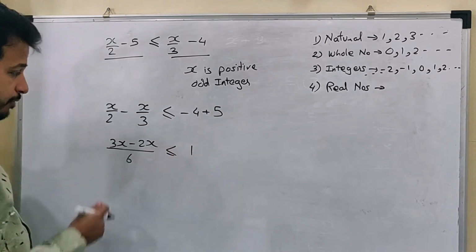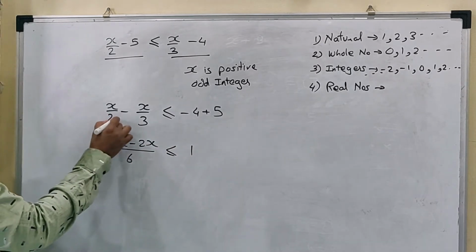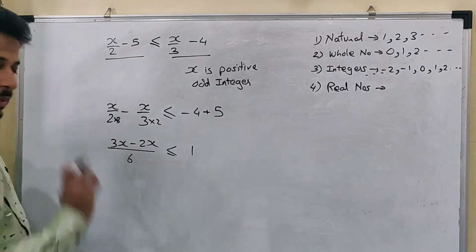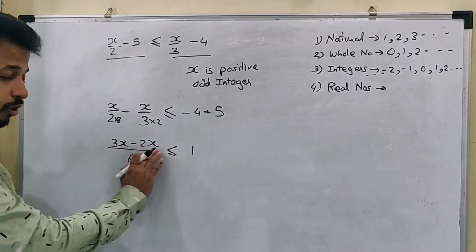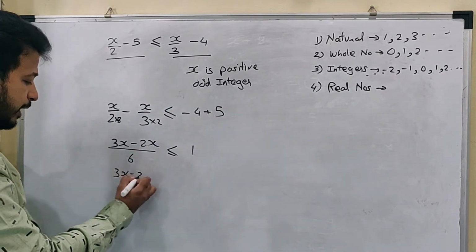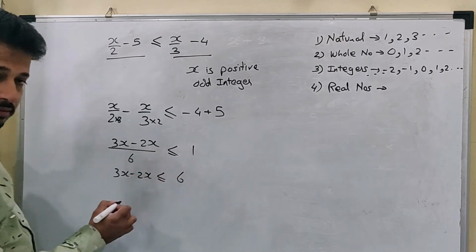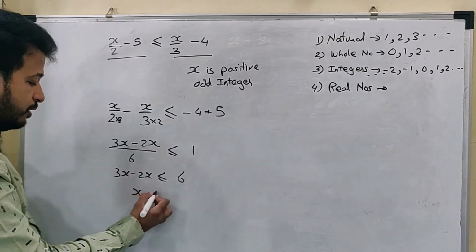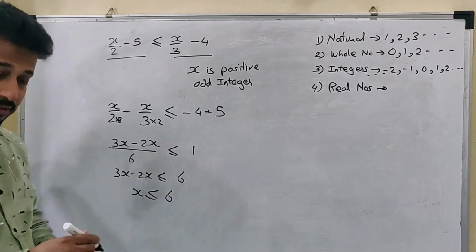I multiplied by 3 and by 2, and this is my step. Now the 6 goes to the other side, so it becomes 3x minus 2x less than or equal to 6, because 6 ones are 6. 3x minus 2x is x, so x is less than or equal to 6.